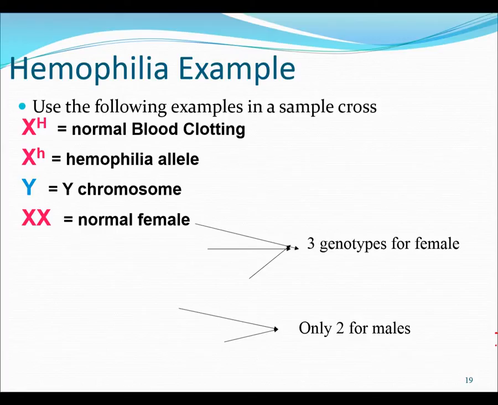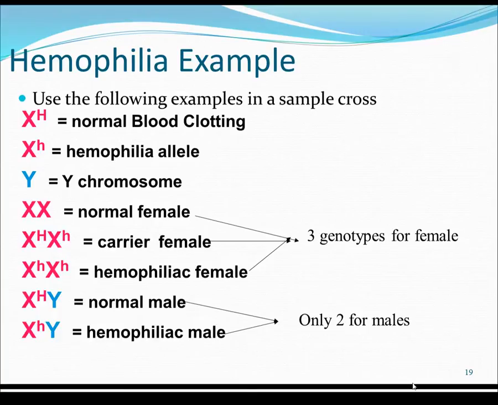So for the normal female, we're going to have, and I'm going to pull me another pen, which I could just go ahead and stick with red, but I want to use something different. All right, so two X's, we know that that's going to be a normal female. So we want to stick in the H's here.